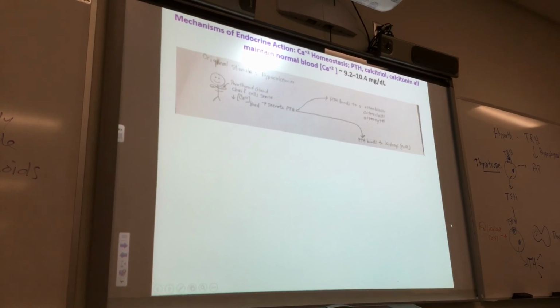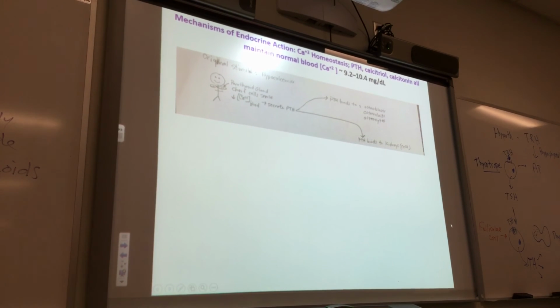So the parathyroid gland, it's got to be made of a cell type. What's its name? Chief cells. Chief cells in the parathyroid sense low calcium in the blood. So that means there's capillaries running through the parathyroid gland, and they've got little meters on them. The chief cells can sense when calcium is low.